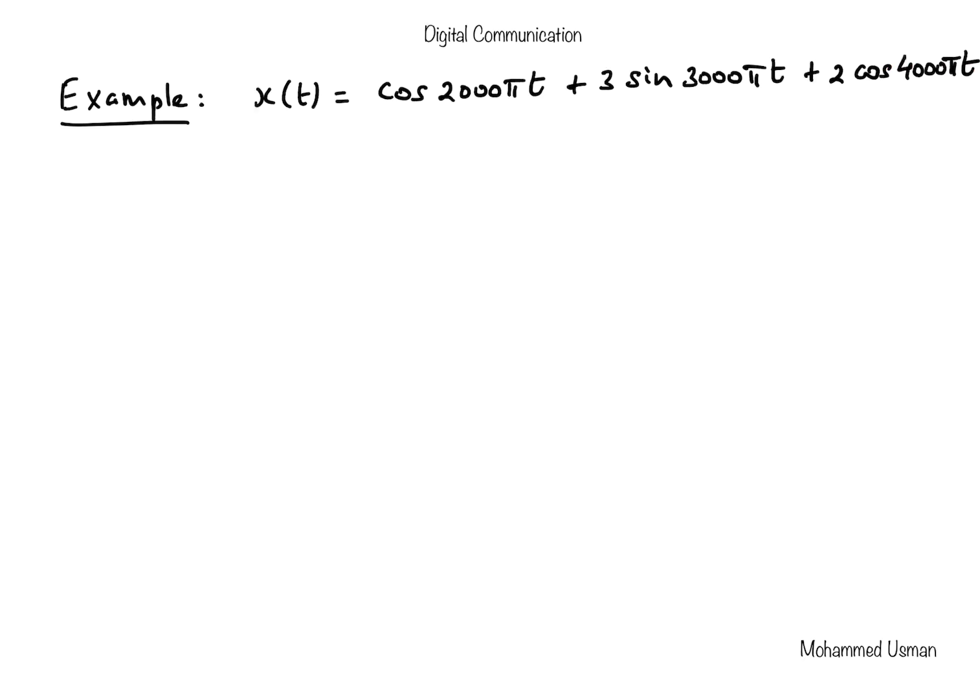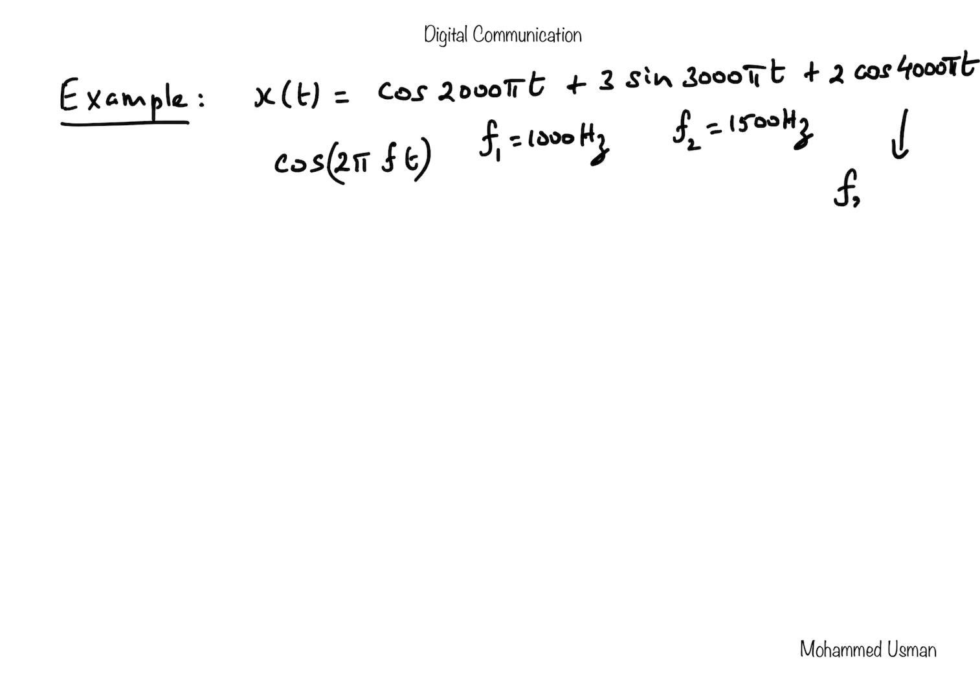Considering the general notation of the cosine term, which is cosine 2 pi ft, we can extract the f. So f1 here would be 1000 hertz, and the frequency component in the second term, f2, would be 1500 hertz, and the third frequency, f3, is equal to 2000 hertz.